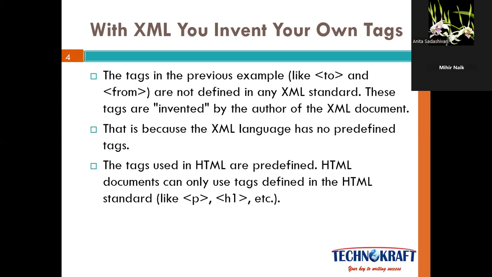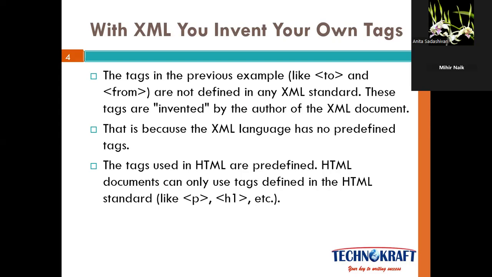These tags are invented by the author of the XML document. It is not any predefined tags. There is nothing that is there. It is like a clean slate. You can create your own tags.